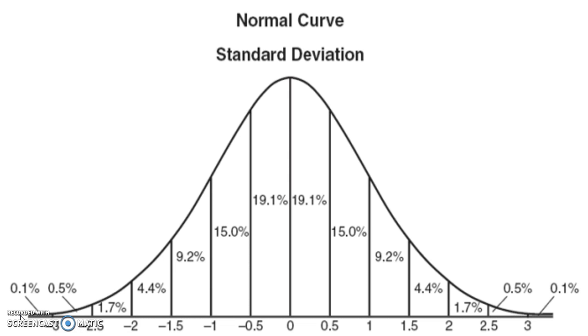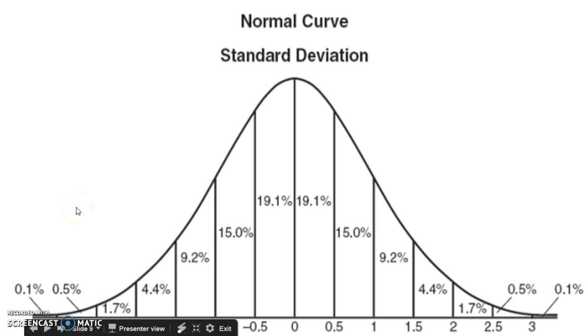Looking back at this normal curve, one statistical measure of variability is very important, and that's the standard deviation. What the standard deviation is, literally, is a measurement that is the square root of the average squared deviation from the mean.